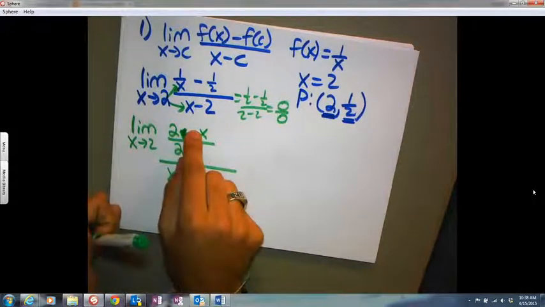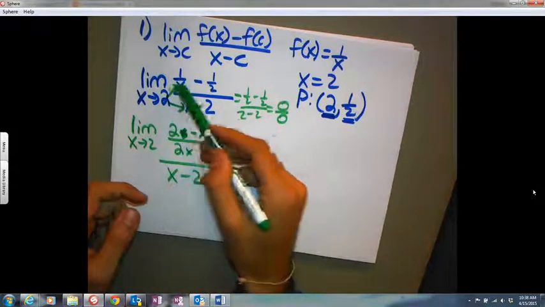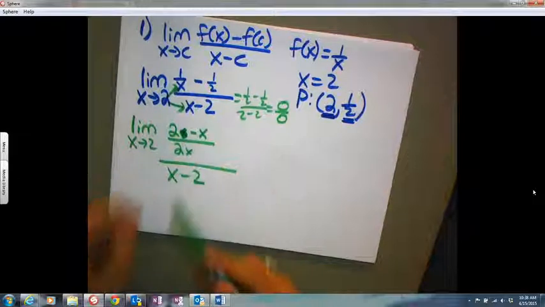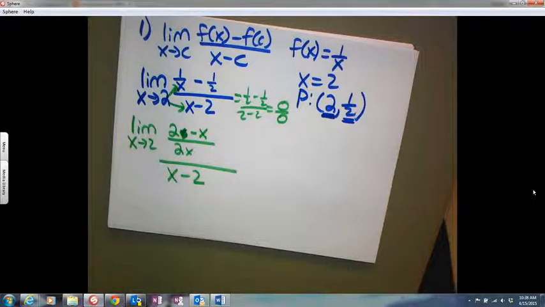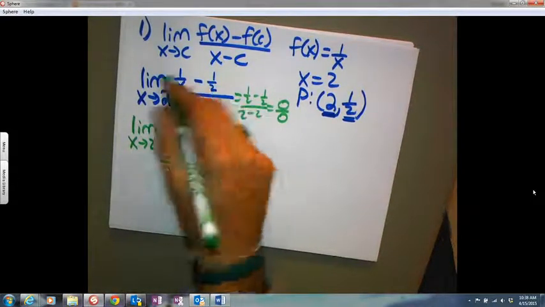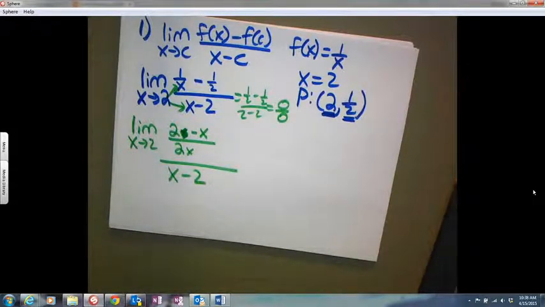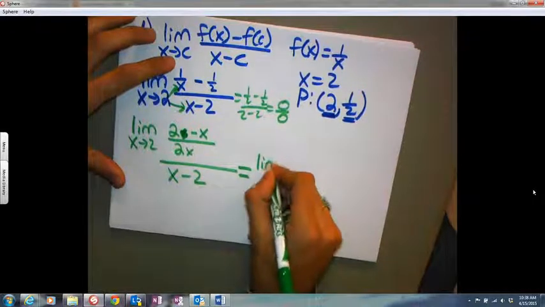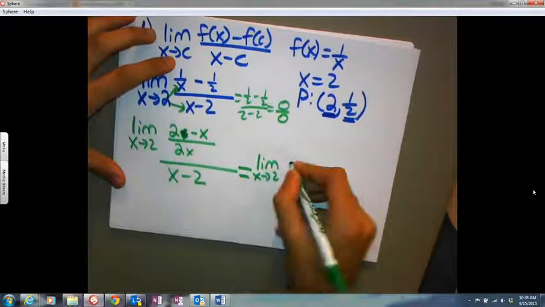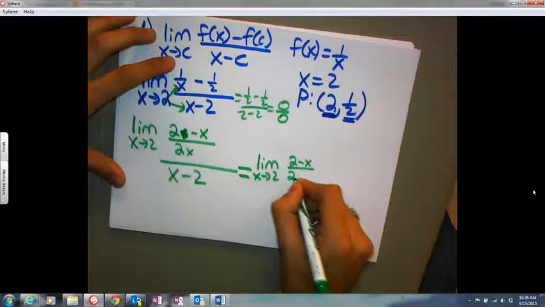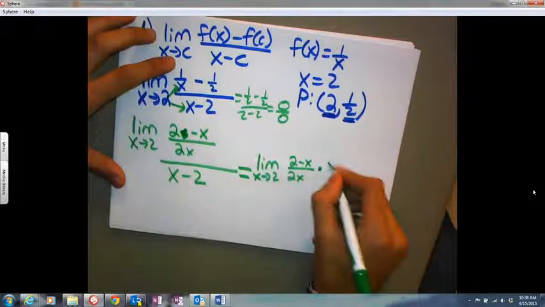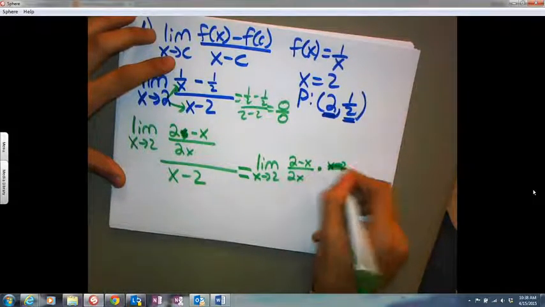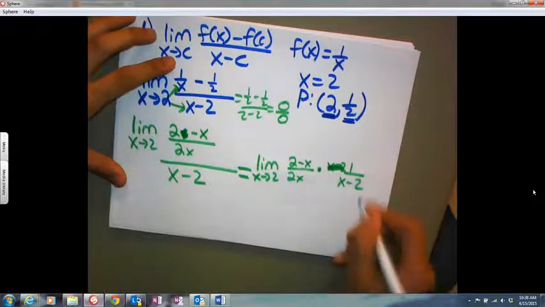There is an order. So, bottom right first, times top left. Now you're going to keep, change, flip. So you keep, you change, and you flip this to 1 over x minus 2.